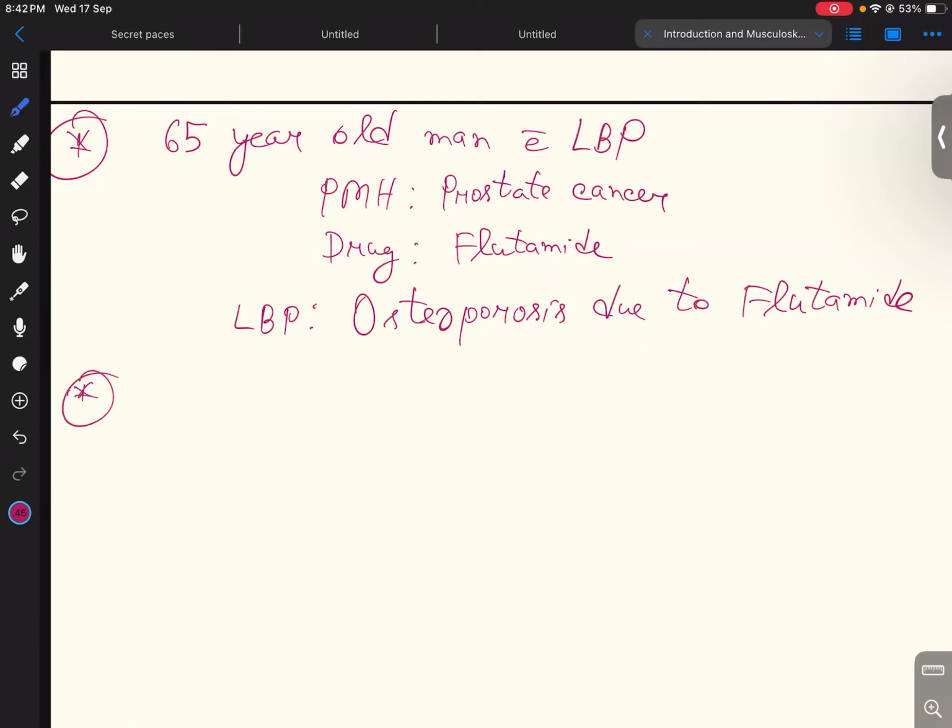Another, this is a 60-year-old female with low back pain. This pain is for the past 2 days.